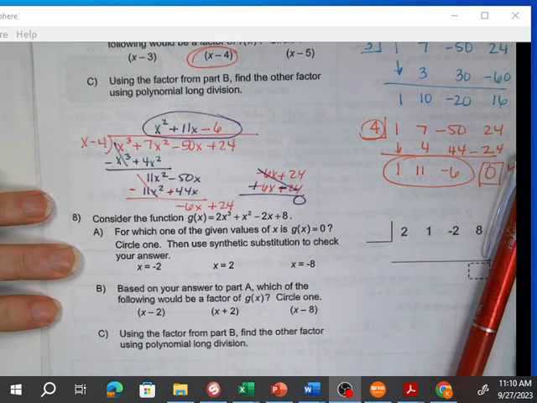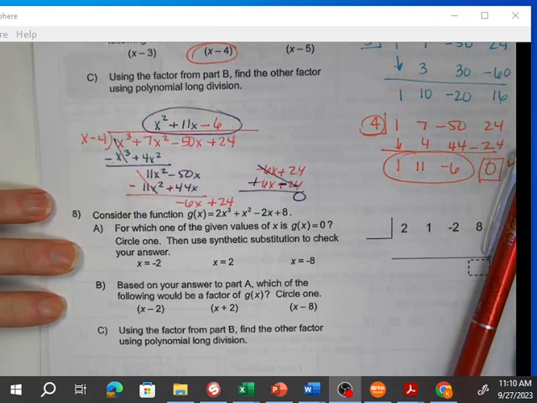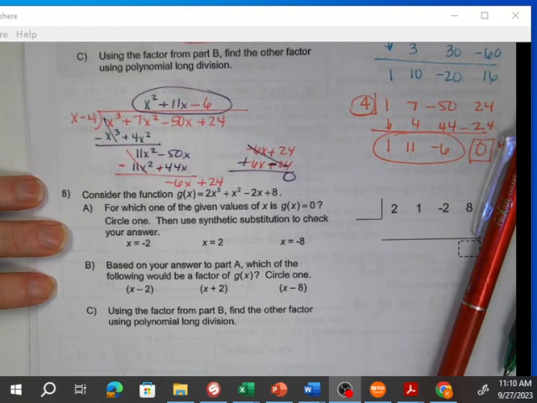So I get x squared plus 11x minus 6. We're all good?